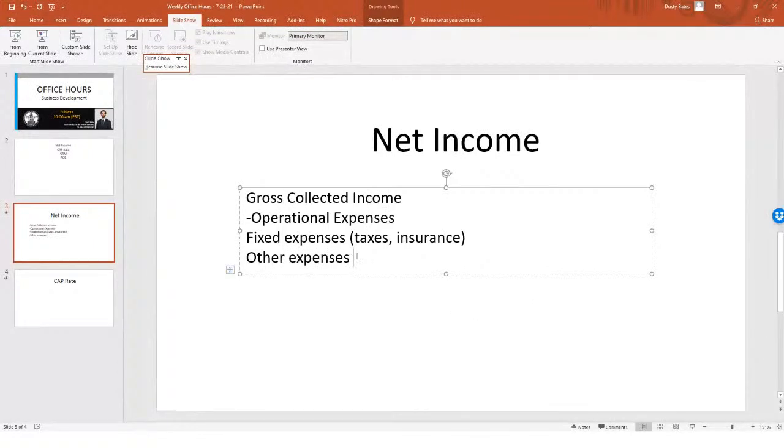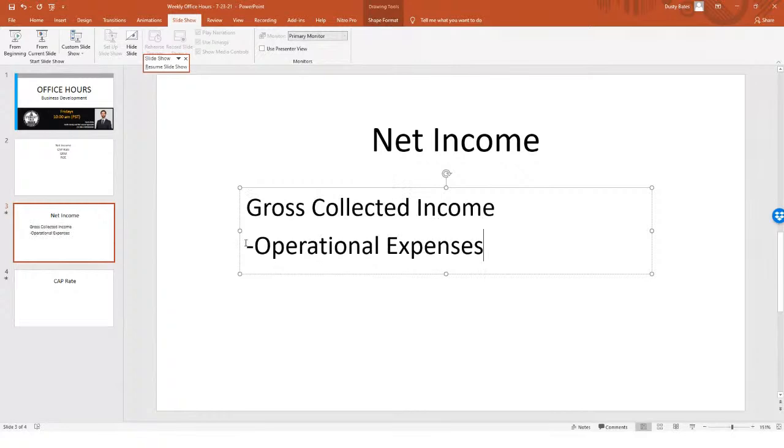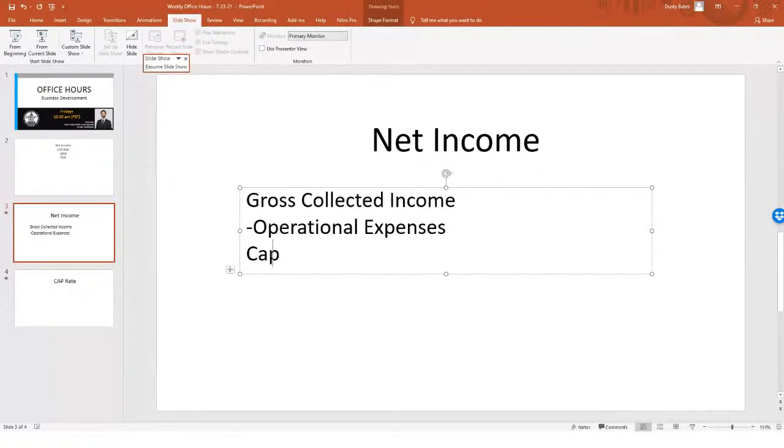So when I say operational expenses, I mean the things that occur annually to operate the building. These do not include capital expenses, okay? So another term, capital expenses are not included in this calculation. A capital expense is a one-time expenditure or a very seldom expenditure that is not an annual expense.